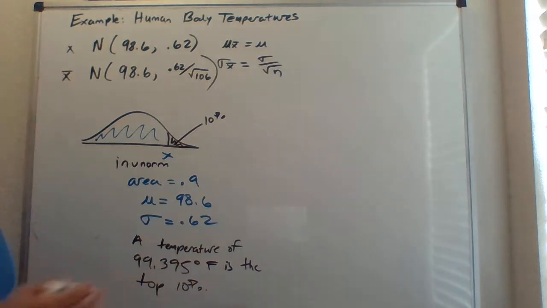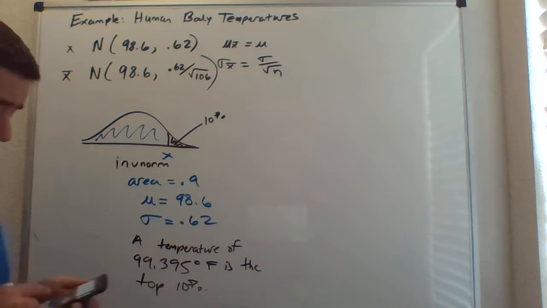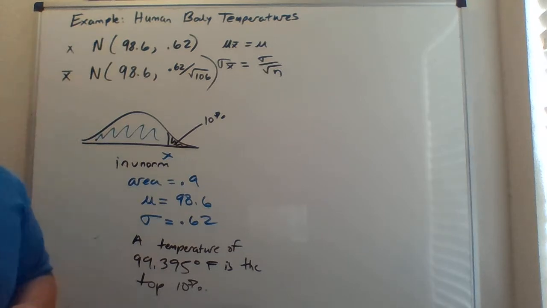You could also say 90th percentile, that's the same thing. Okay, so the last question looks similar, but actually it is similar. Find the body temperature that is at the top 10%.